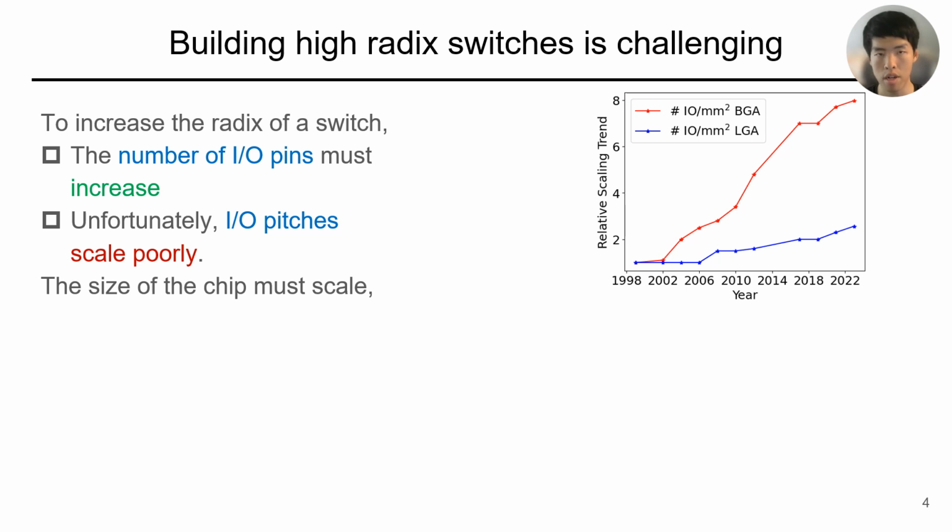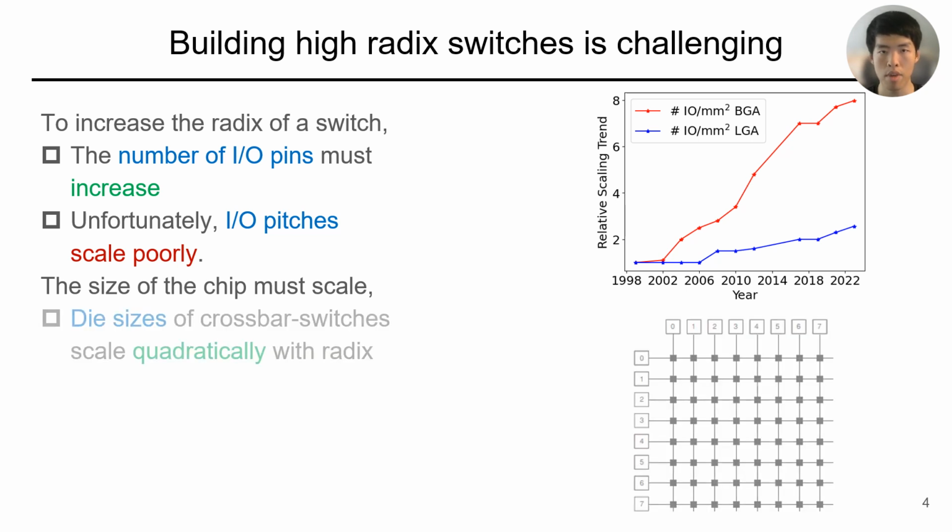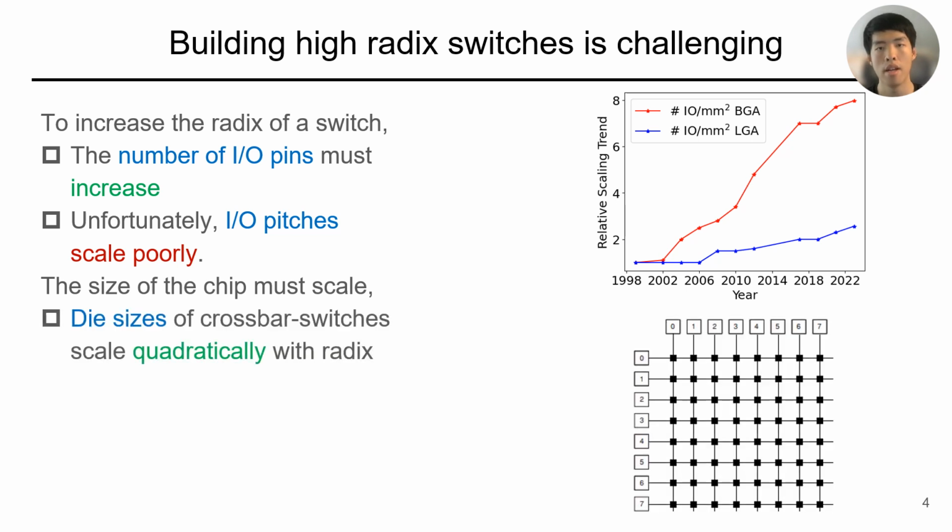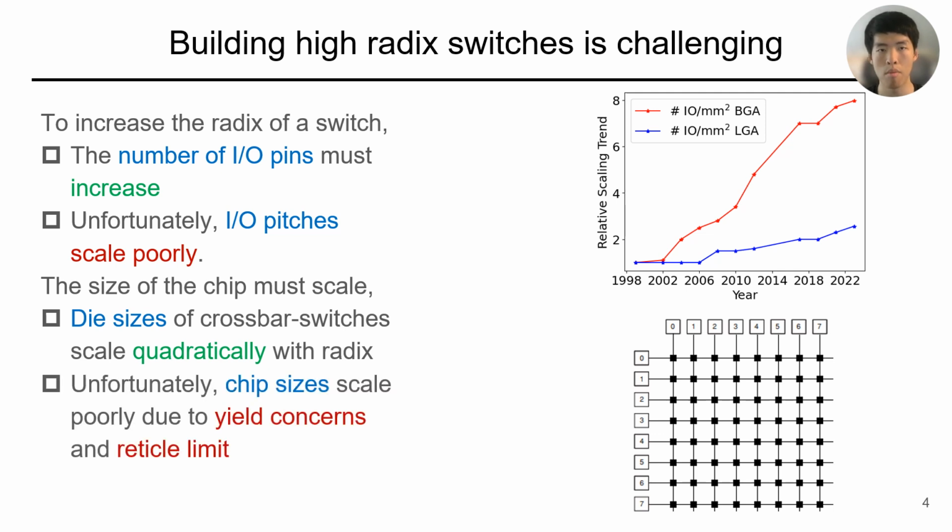Another critical reason why increasing the size of the chip is necessary is that die sizes of crossbar based switches scale quadratically with their radix, shown in the figure. Each additional port means a new row and column to the crossbar. Unfortunately, chip sizes scale poorly due to yield concerns and reticle limits.